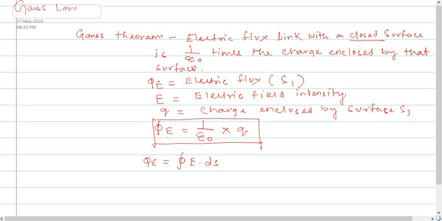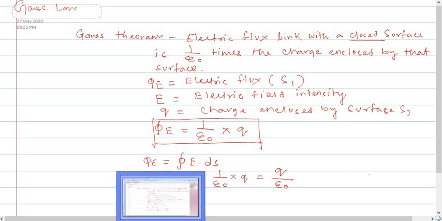So if you put this value here, we get closed integral E dot ds is equal to 1 by epsilon times q, which you can write as q by epsilon naught, which is equal to phi e. This is known as what? Gauss theorem.